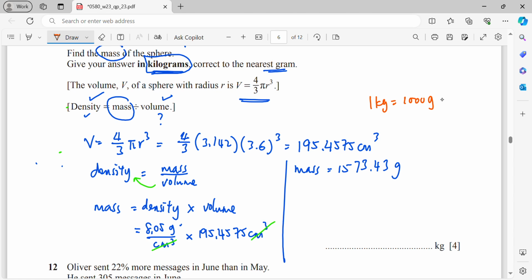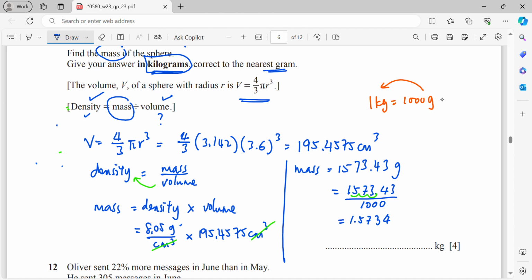From grams to kilograms, you divide. So this is the same as 1573.43 over 1000. When you divide, it will be 1.57343, because you move the dot backwards 3 units. Therefore, you are getting this result.